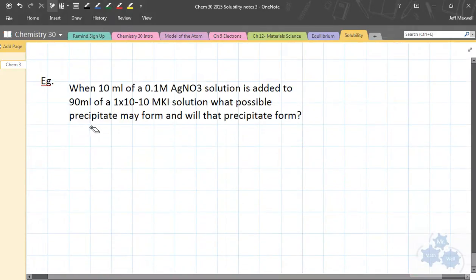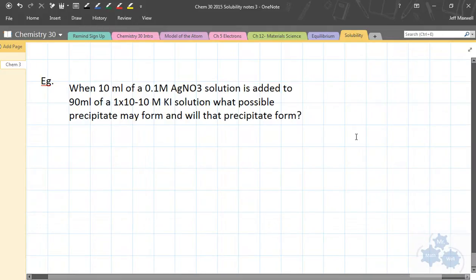It says, when silver nitrate solution is added to potassium iodide solution, the first question is, what possible precipitate may form based on the solubility rules? And the second part of the question is, will that precipitate actually form? This is the kind of question that we need to be able to answer.